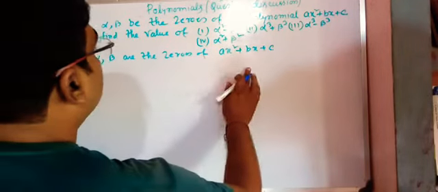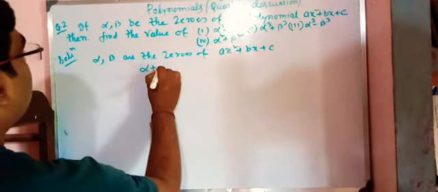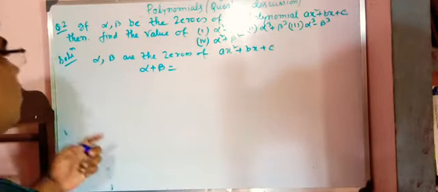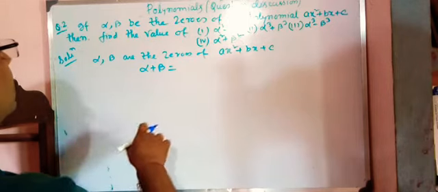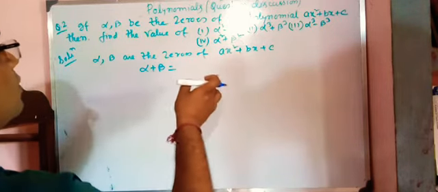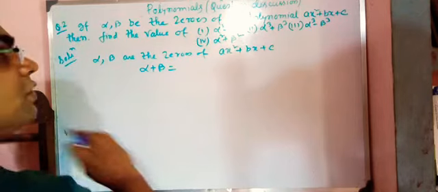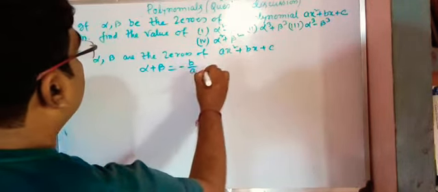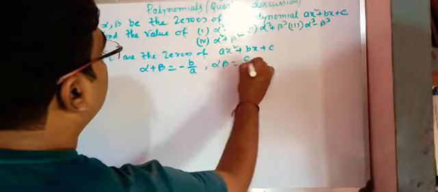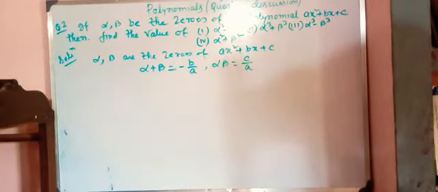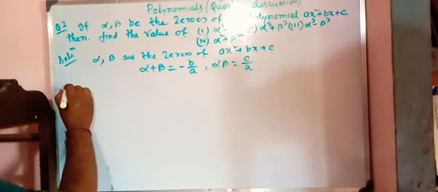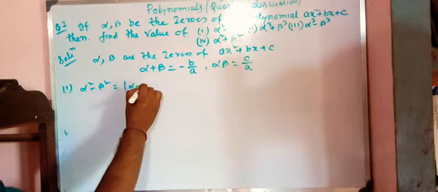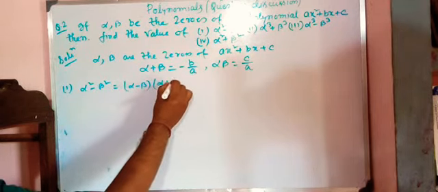So obviously, by the relation of coefficients and zeros, we get alpha plus beta is equal to minus b by a, and alpha beta is equal to c by a. Understood? Now alpha square minus beta square is equal to alpha minus beta into alpha plus beta.